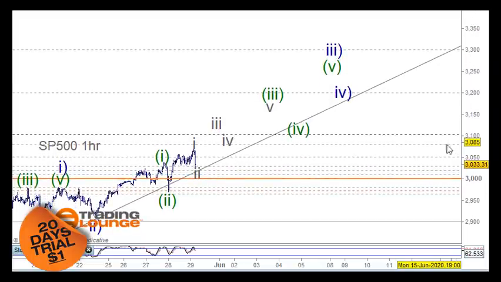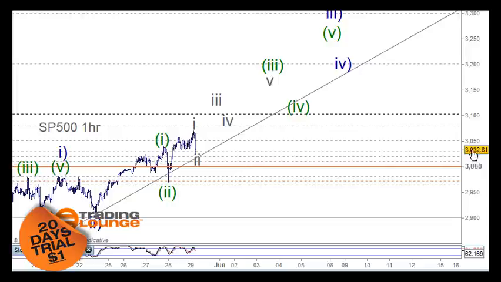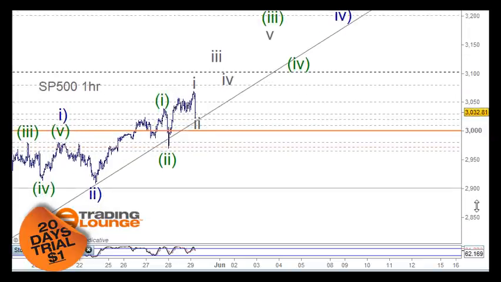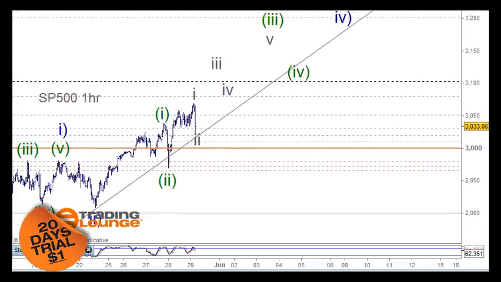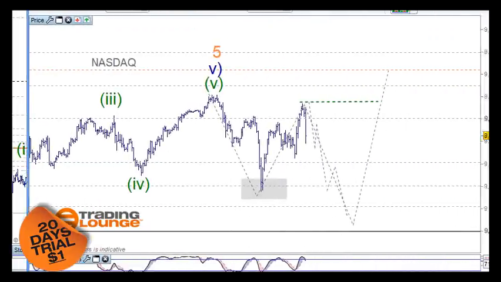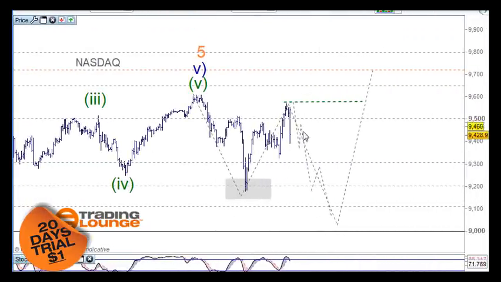So that's what can occur, and we need to keep an eye on the Nasdaq here. That will have a good indication if this plays out in 5 waves. I mean, this could also be wave 1 here and 2 here, then wave 1 here and 2 here, and then pushing up from that point. So we'll keep an eye on that as well.